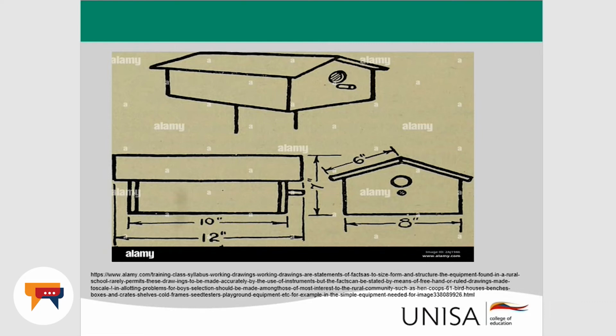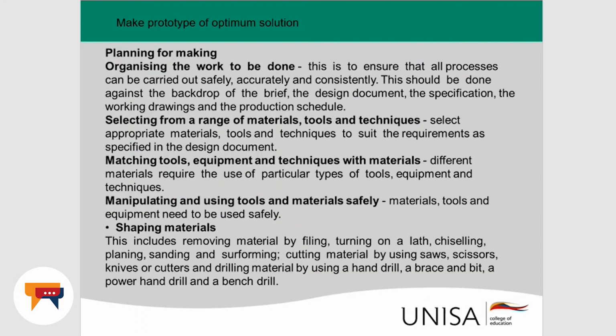So when you are done with the presentation of a working drawing, you're now moving to the making stage, making of the product or the prototype, of the optimum solution, the one that you chose as the best idea in solving the problem.